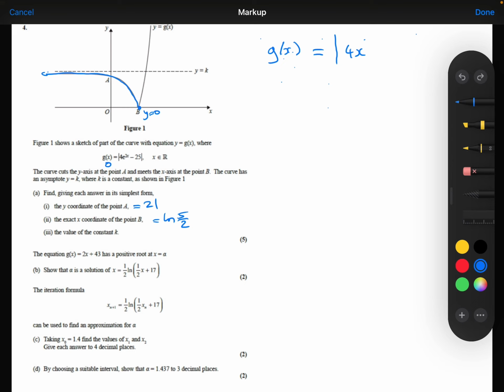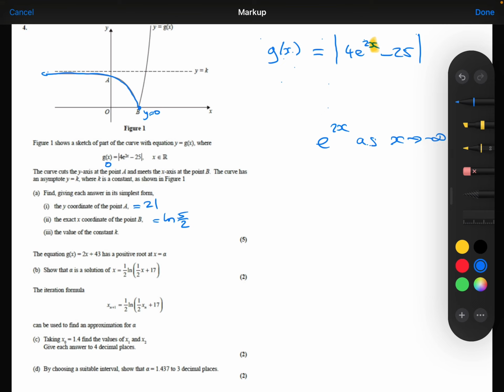So we've got the 4e to the 2x minus 25. So as the x becomes more and more negative, what happens to e to the power 2x as x tends towards really big negative numbers? Well, it tends towards 0.